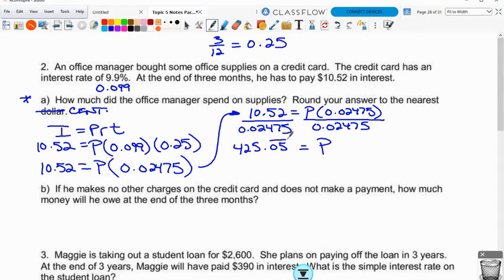Now, we're going to take this and round it to the nearest cent, which means we have to round it to the nearest hundredth. Now remember, there's a 0 in the thousandths place, so that 0 is not enough to round us up. That means our principal amount is going to be $425.05. Okay, so that's how much the office manager spent on supplies.